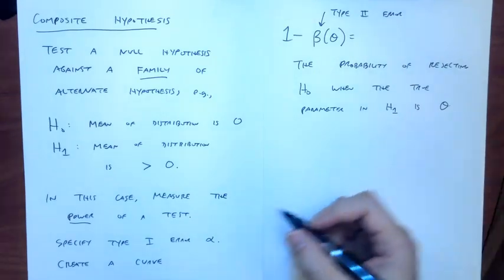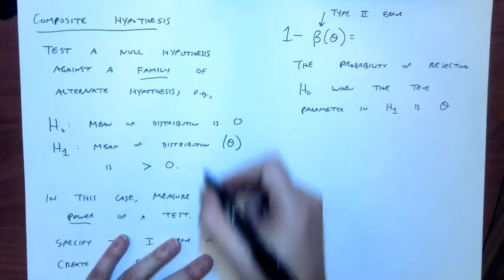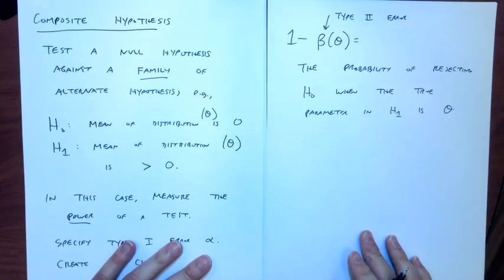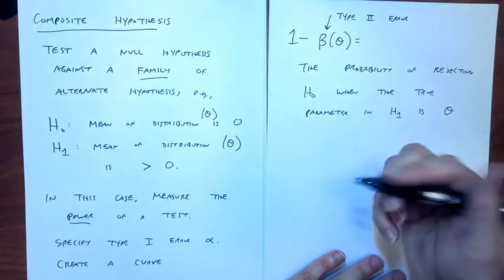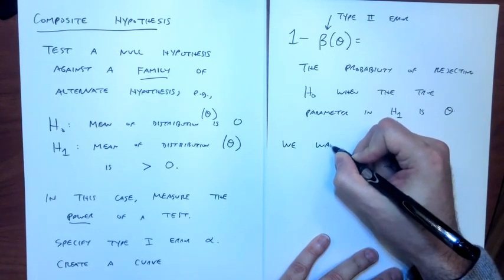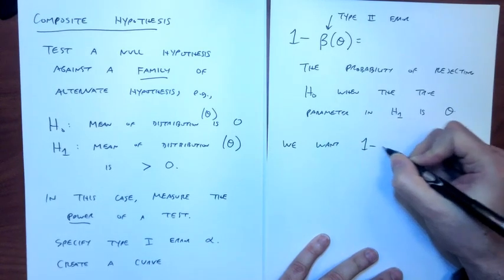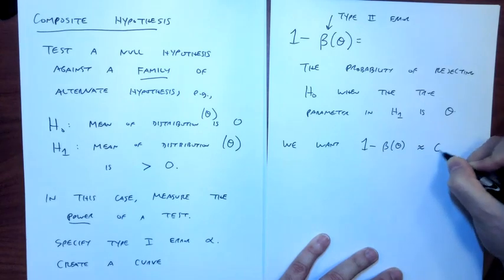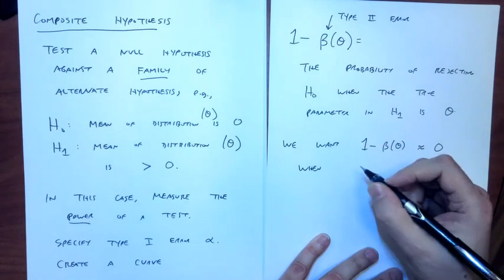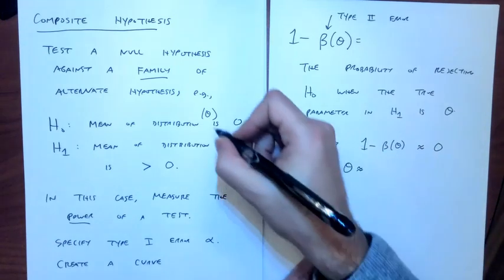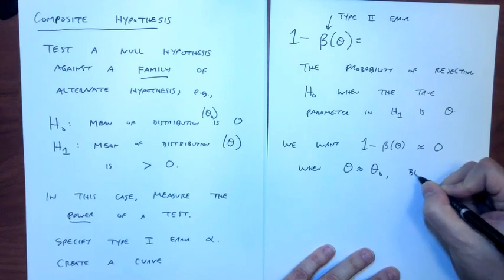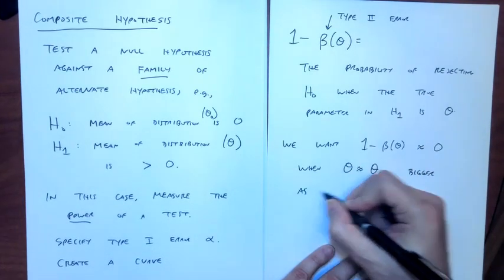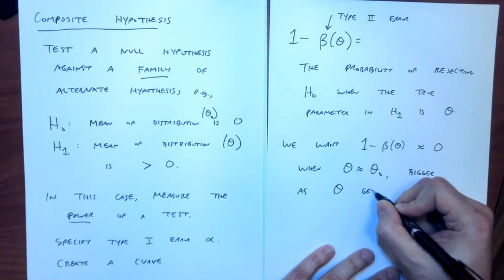Theta could be the parameter that I'm trying to talk about, and my test is parameterized by this unknown thing. So we would want this error to be pretty small when theta is approximately what I was saying it was for the null hypothesis, and I want it to be bigger as theta gets far from theta 0.